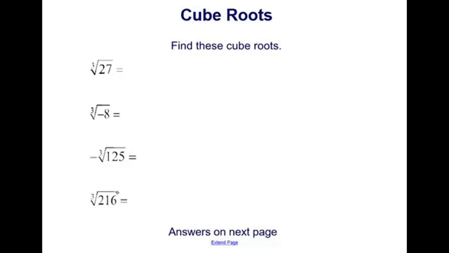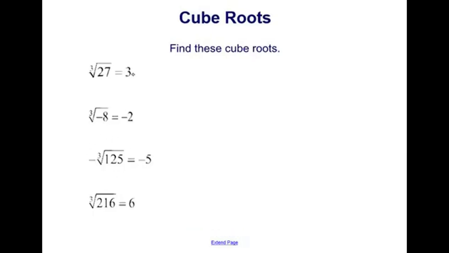The last one, we have the cube root of 216. Again, all cube roots, so we're asking what number to the third equals the number underneath the cube root. And in this third example, we'll have to make our answer negative. So the first answer is 3. The cube root of 27 equals 3 because 3 cubed equals 27.